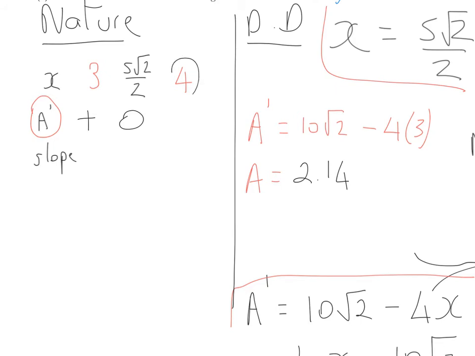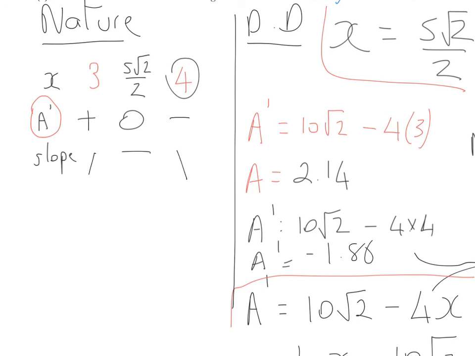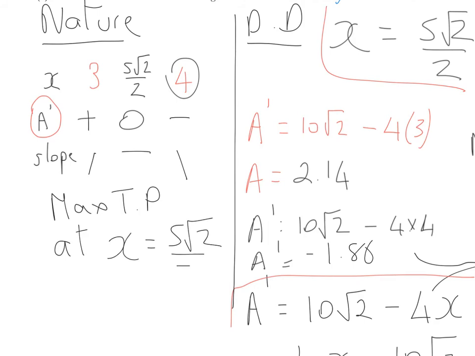I'll now sub in 4, so a dash equals 10 root 2 minus 4 times 4. The result for the gradient this time is approximately minus 1.86. Most important thing though is it's negative, and I can see that I've got a max turning point as expected at x equals 5 root 2 over 2.